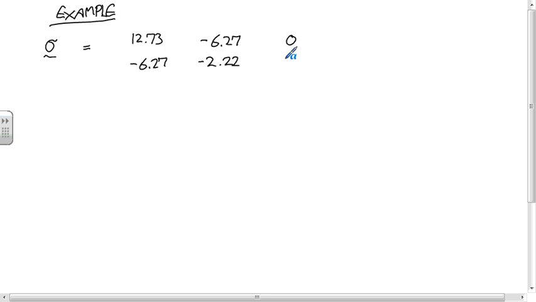Okay, so example. So let's say that in megapascals, you have the stress tensor 12.73, negative 6.27, 0, negative 6.27, negative 2.22, 0, and then 0, 0, 0.